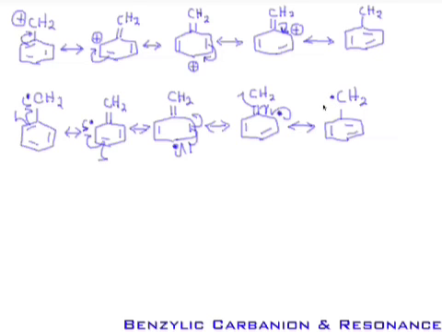Just like the aromatic ring can stabilize a carbocation or radical, the aromatic ring can also stabilize the carbanion, when there's a lone pair on the CH2. In this case, the lone pair moves away from the negative charge. Full-headed arrows move electron pairs.